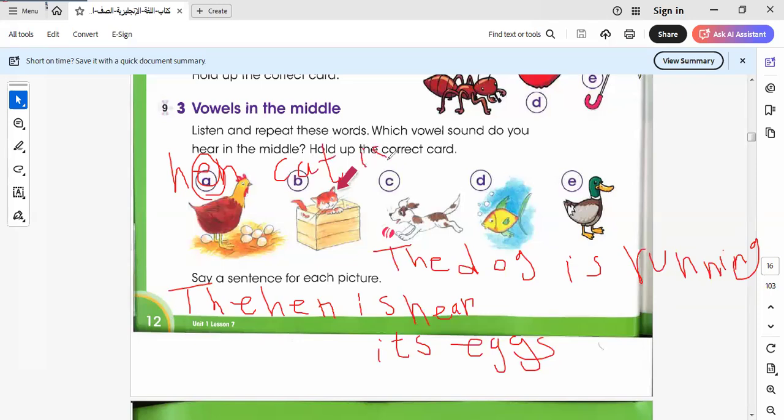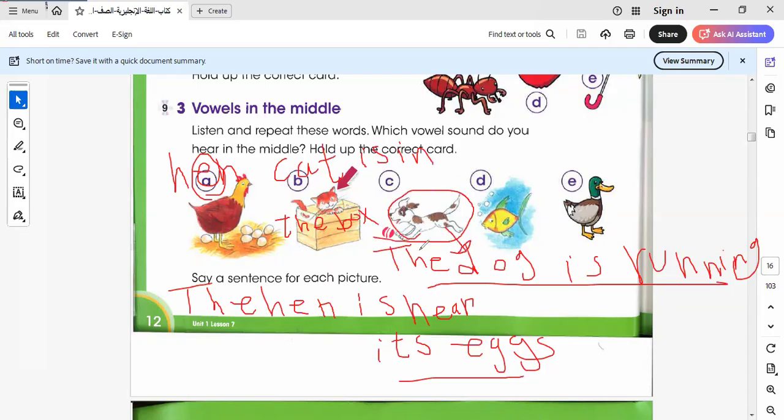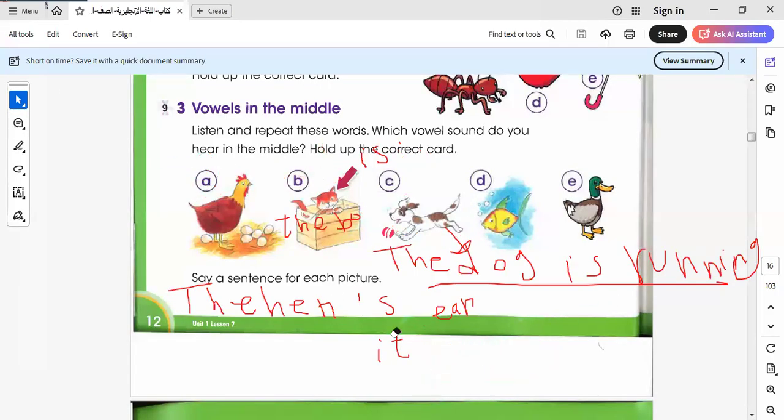So here we have sentences. The hen is near its eggs. The dog is running. The cat is in the books. I told you three sentences. I will leave the rest to do by yourself.